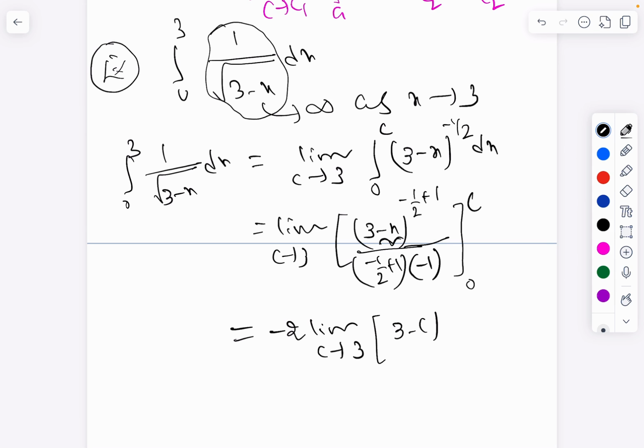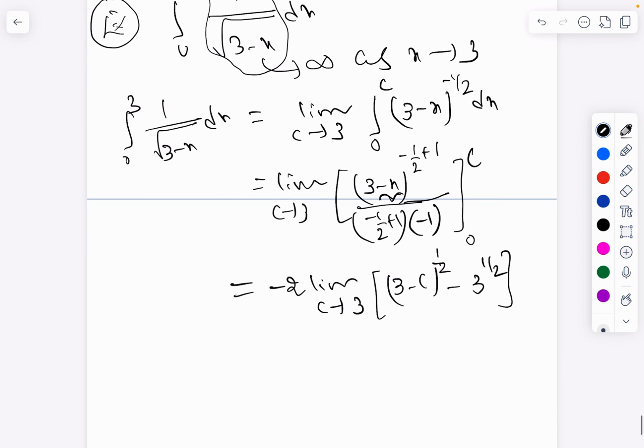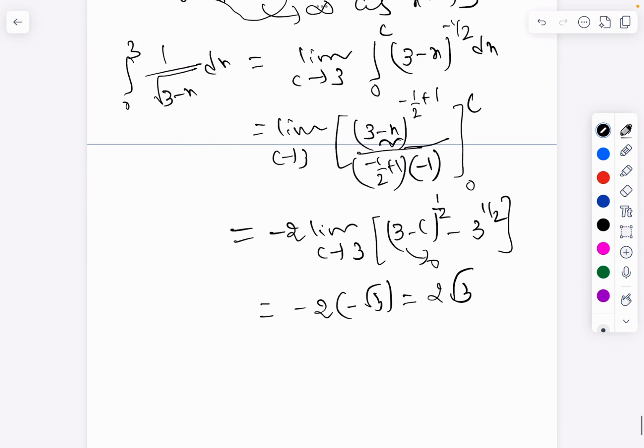So this is 3 minus c power 1 by 2 minus 3 power 1 by 2. Now as c tends to 3, this is 0, so it is minus 2 into minus 3 power 1 by 2, that is root 3, and so the answer is 2 root 3. It is convergent.